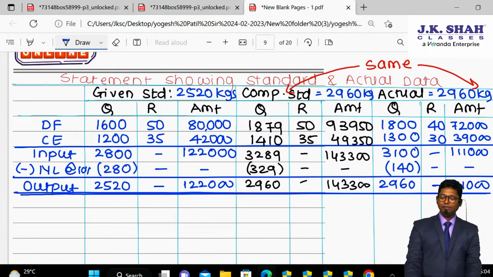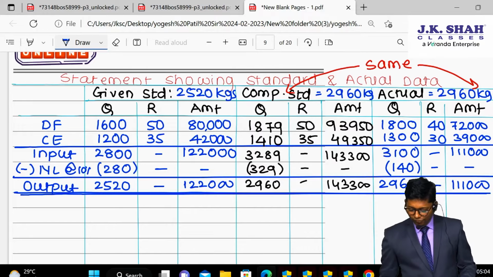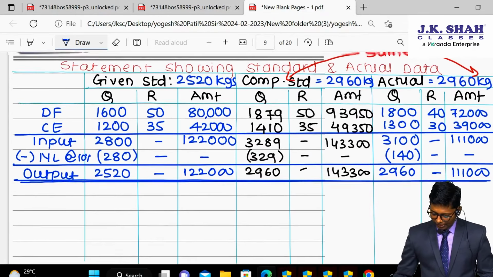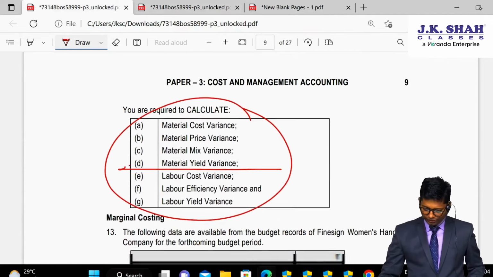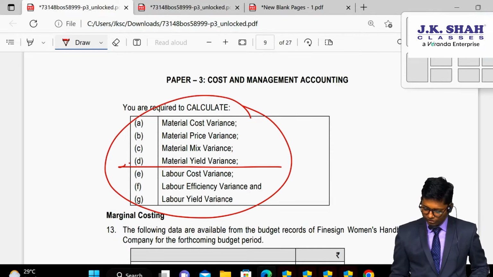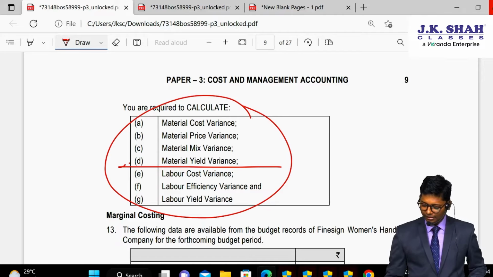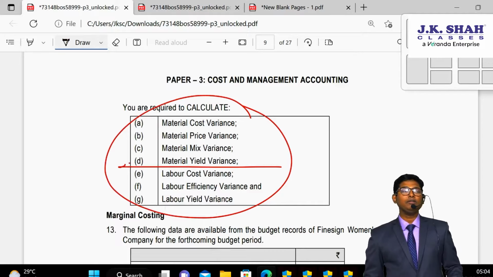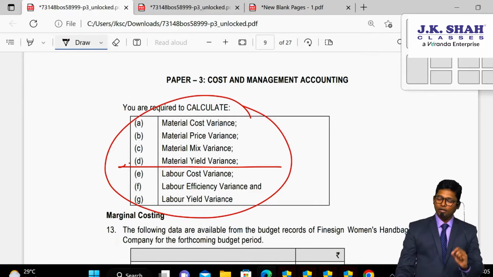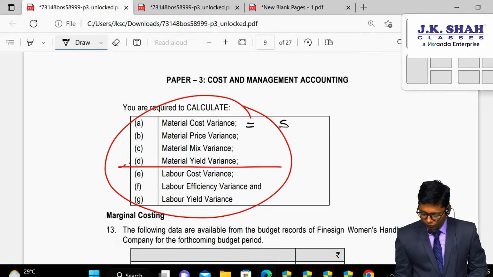So first I drafted the format for material, and material data is with your first calculation, and calculation number 1 is material cost variance. Now try and understand what is material cost variance. In material cost variance, guys, you always compare total cost of material, and formula which you use is standard cost minus actual cost.